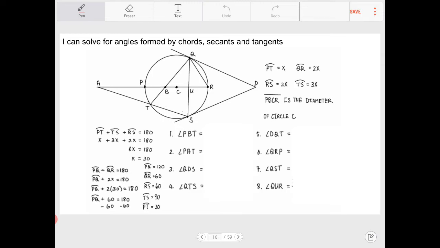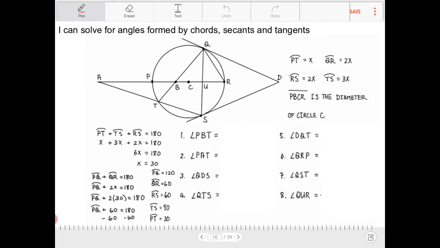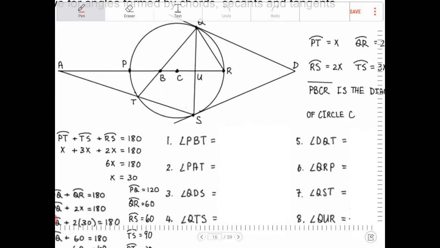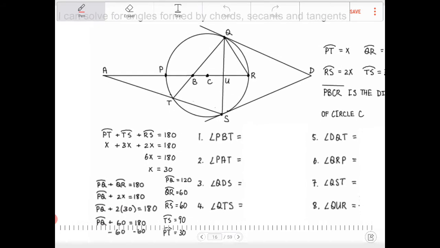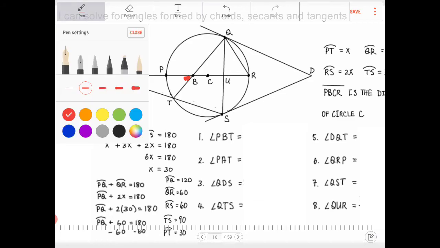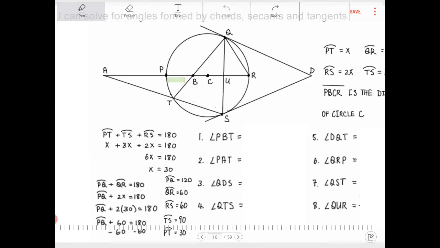All right, so now recognizing all these facts, I can solve for angle PBT. Angle PBT is this angle over here. It can be easily found by using arc PT and arc QR.